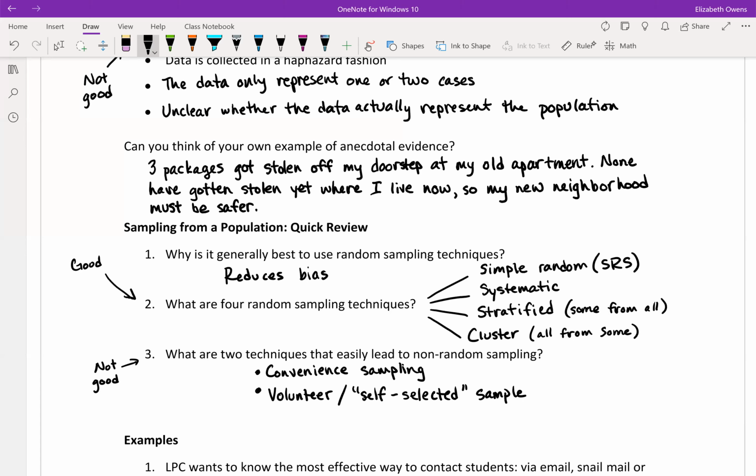Okay, you're not forcing people to participate. So they select themselves, and this often leads to strong opinions coming out. So that can be a biased type of sampling as well. All right, in the next video, we'll look at some examples, looking at some different studies and seeing what we can conclude about some sampling techniques.